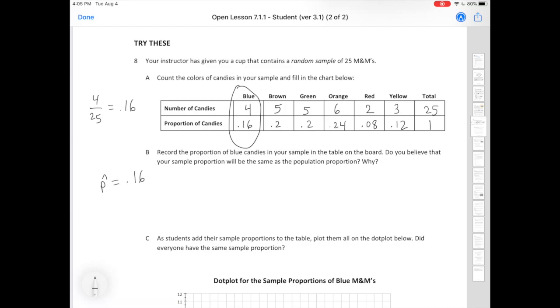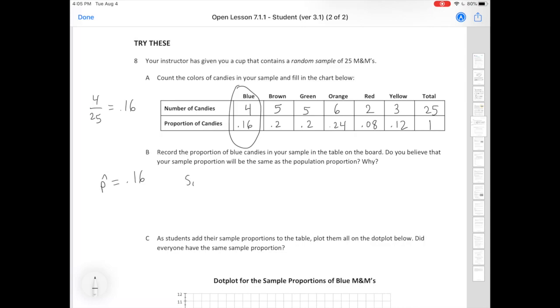Well, the thing to notice is that every time we look under a cup, there's going to be a random number of blues in there. We expect that maybe it's going to be near the real answer, but it's not going to be exactly the real answer every time, right?